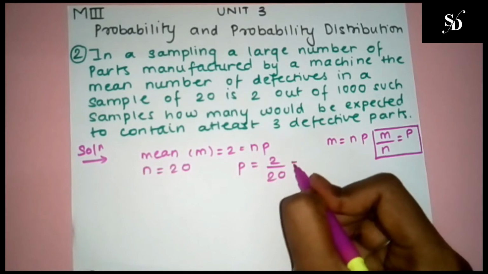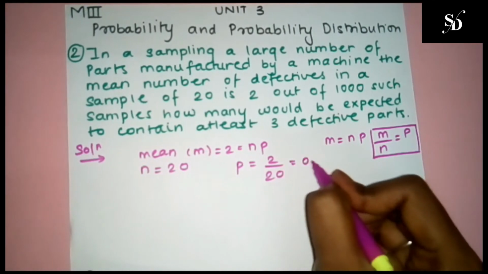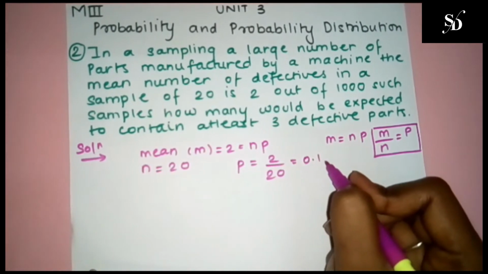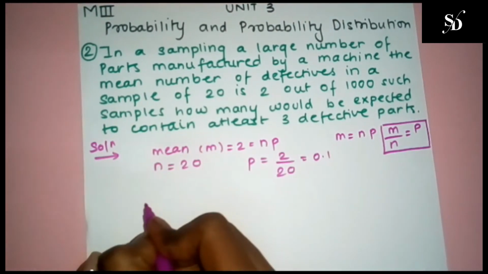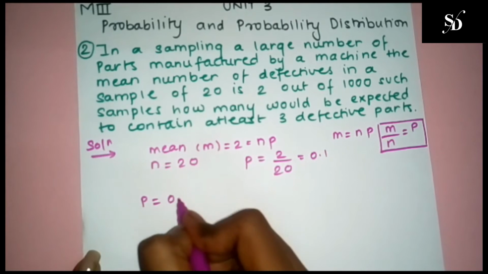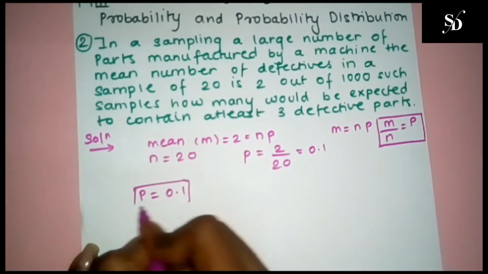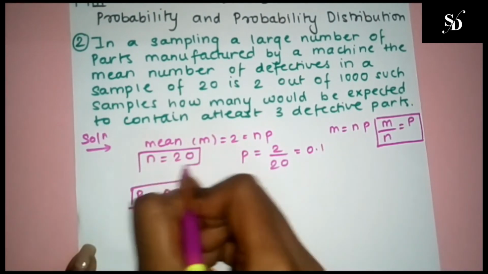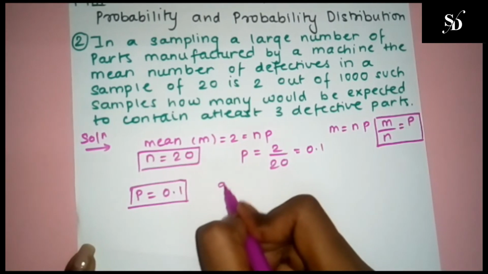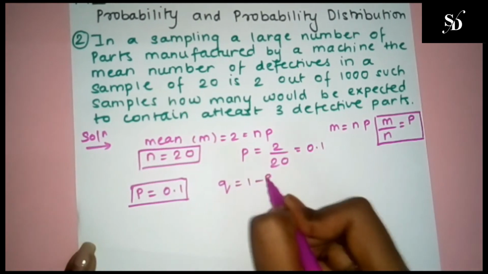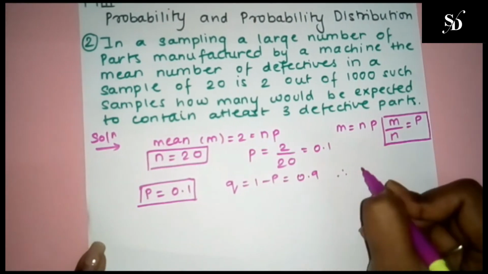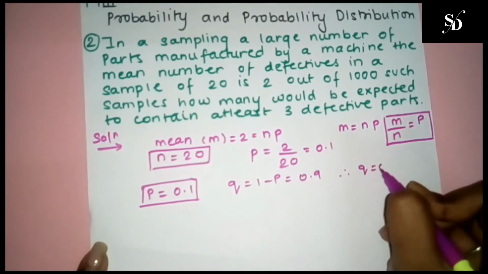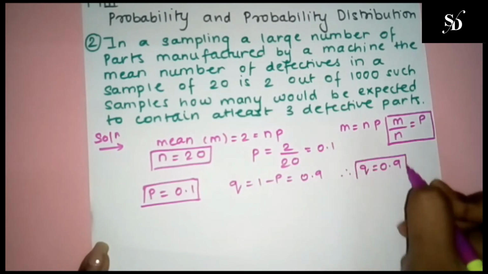Therefore our p will be 0.1. Okay, now when we have p, we can find q. Q is equal to 1 minus p. Therefore q is equal to 0.9.